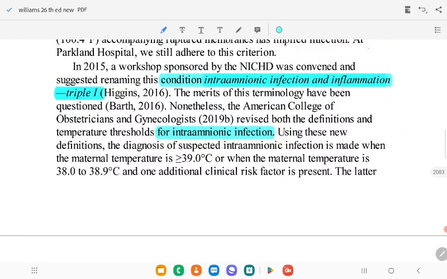Using this new definition, suspected infection is diagnosed when the maternal temperature is more than or equal to 39 degrees centigrade, or when the maternal temperature is 38 to 38.9 degrees centigrade and one additional clinical risk factor is present.